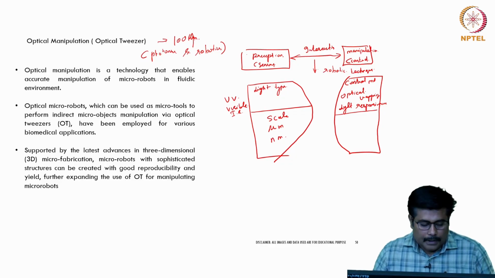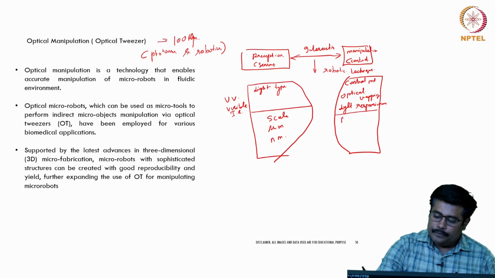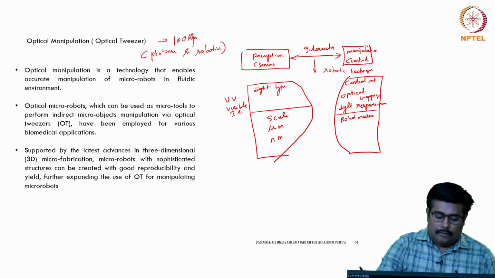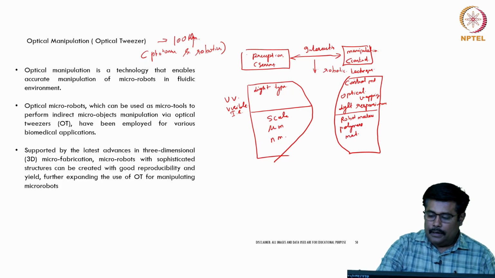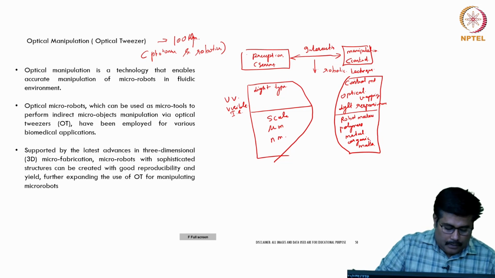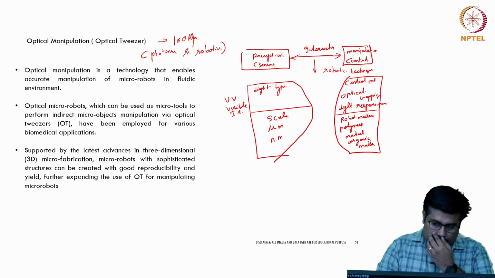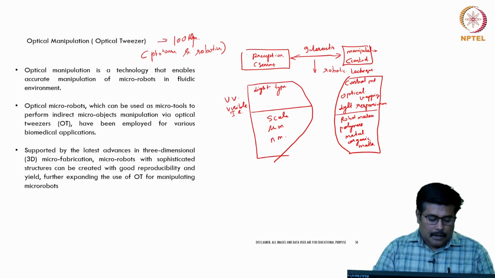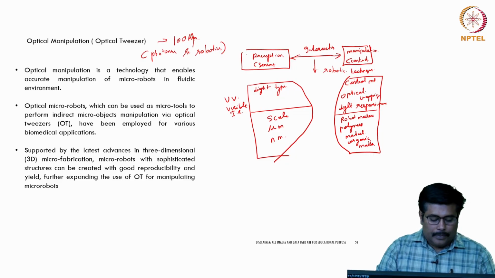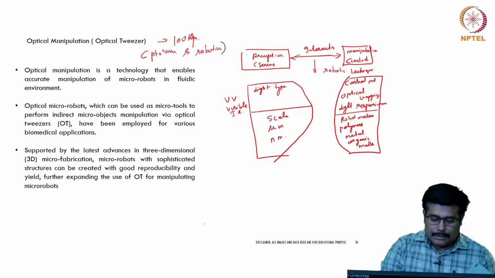From the robot material point of view, we have polymers, metal and organic matter. So, when we closely observe this particular system, these are the different parameters being deployed with reference to optical tweezers.